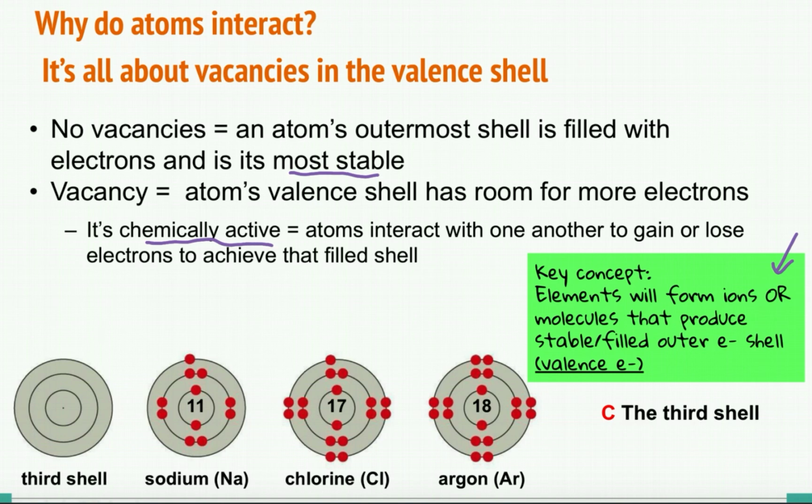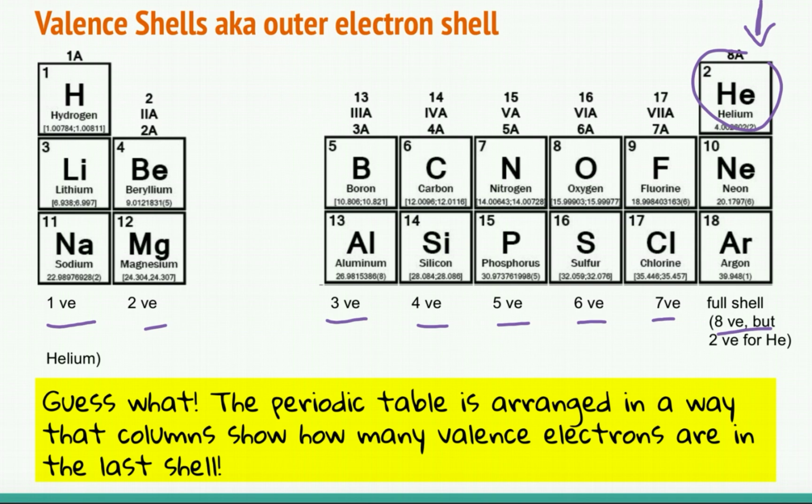They're going to want to gain or lose electrons to achieve that filled shell. In fact, these atoms all here, which have filled shells, are what's called chemically inert, and they don't react. So if you have a really explosive substance, they tend to be packed inside argon gas or neon gas or helium gas to prevent them from getting access to oxygen, which will cause them to explode.